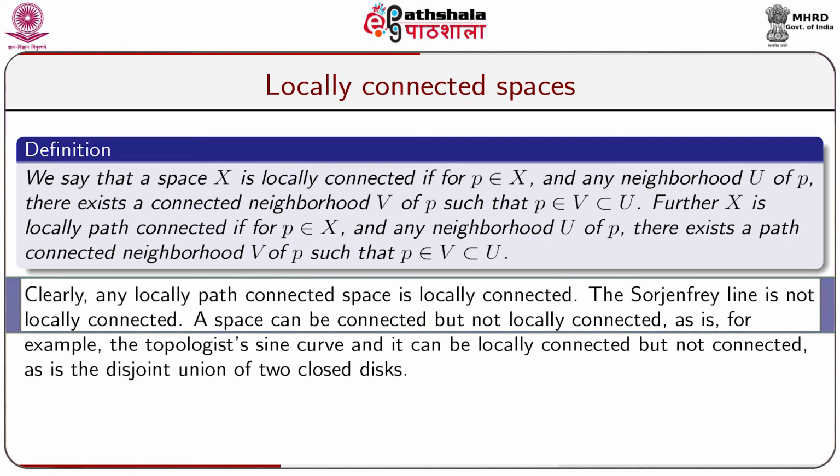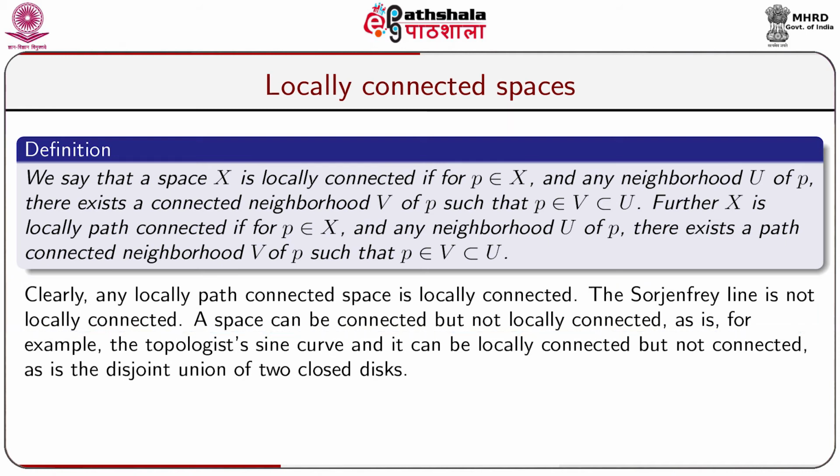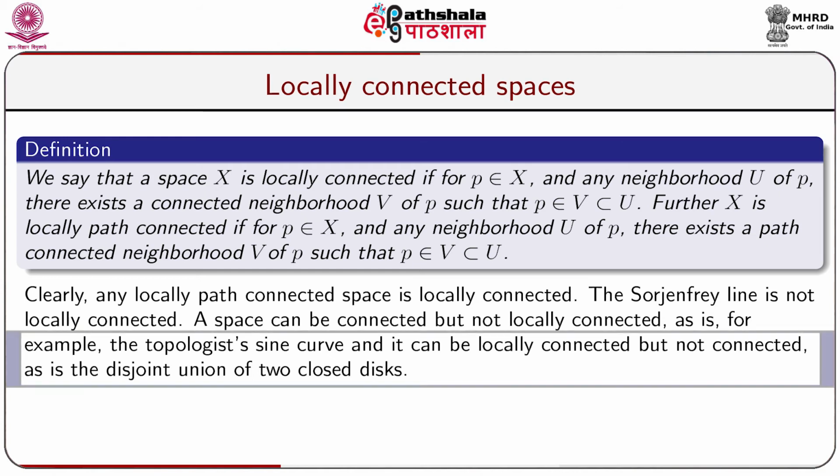The Sorgenfrey line is not locally connected. A space can be connected but not locally connected. For example, the topologist's sine curve is an example of a connected space which is not locally connected.